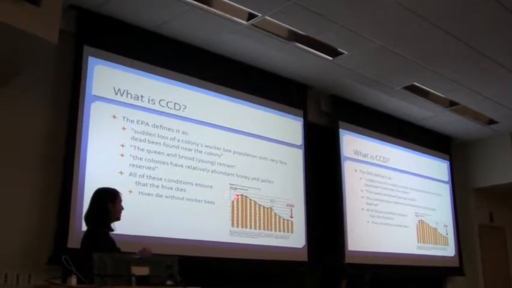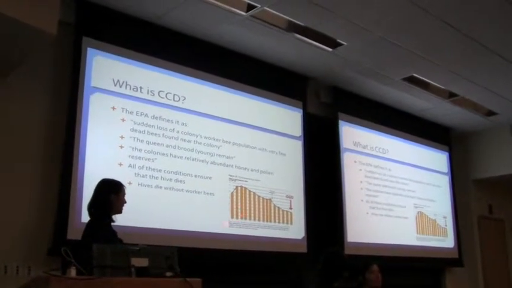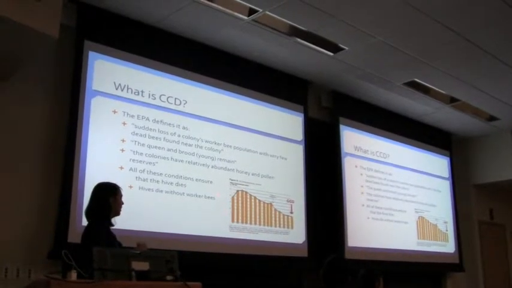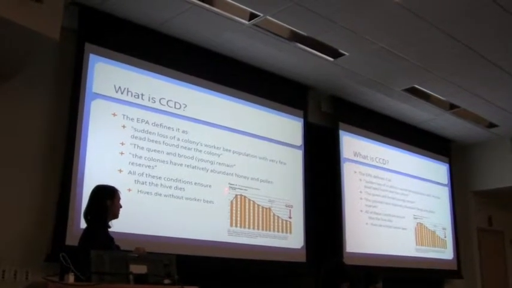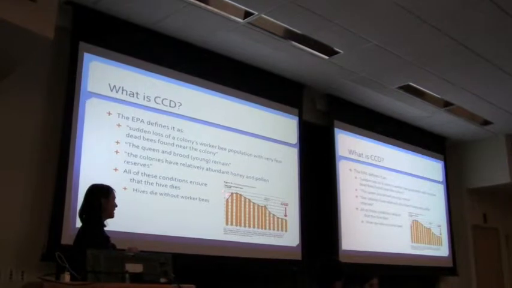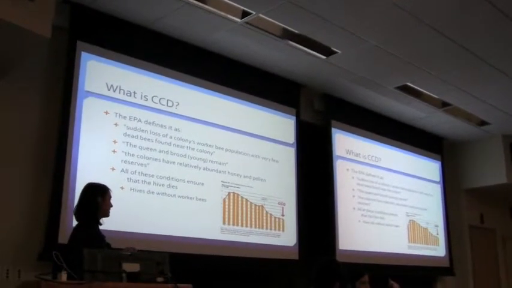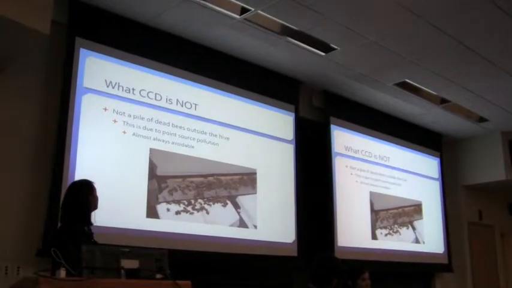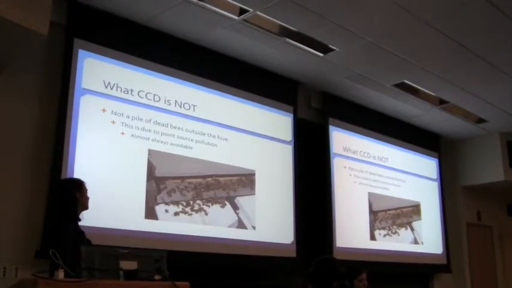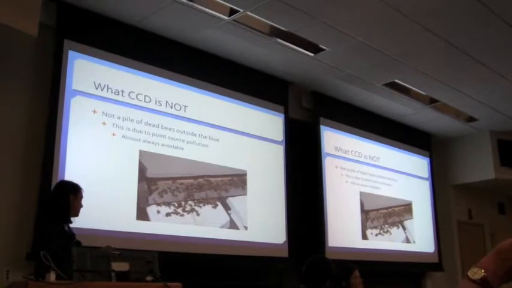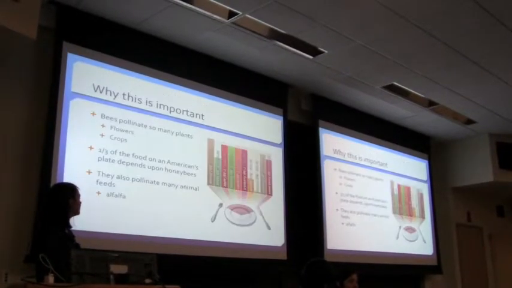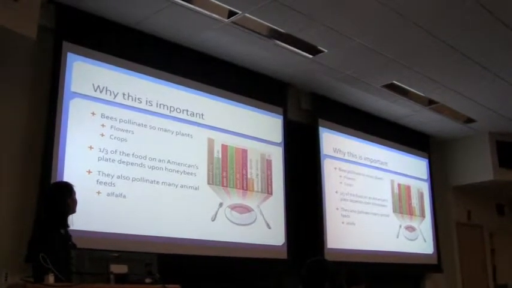This graph shows years and the number of colonies of honeybees, and you can see that they've drastically gone down in recent years. Again, what colony collapse disorder is not, is the big group of bees outside.